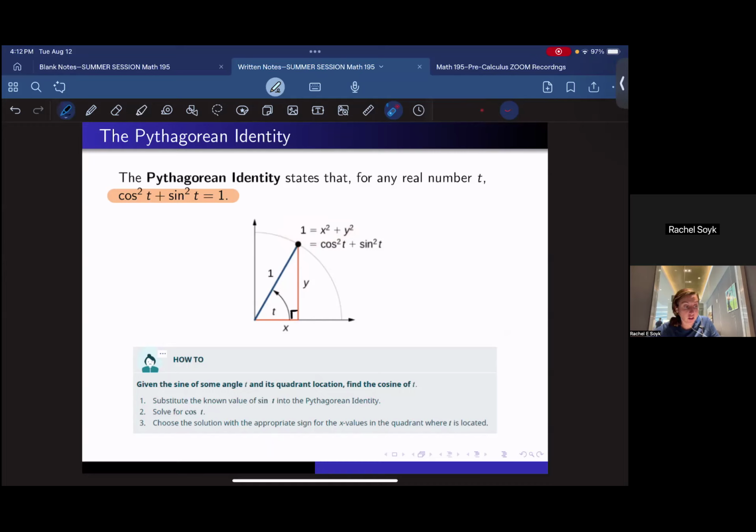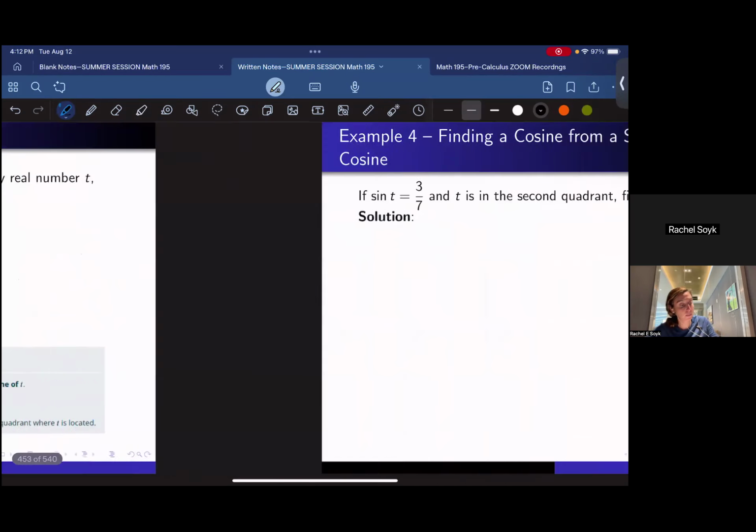And then if we want to convert it into our polar coordinates, our cosine t comma sine t, we plug that in and we get our Pythagorean identity: cosine squared t plus sine squared t is equal to 1. So now let's apply it to this problem.